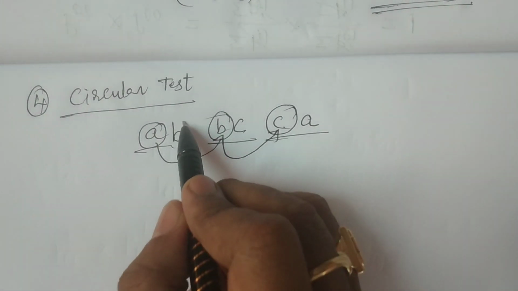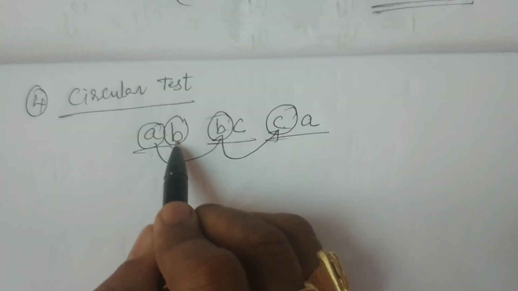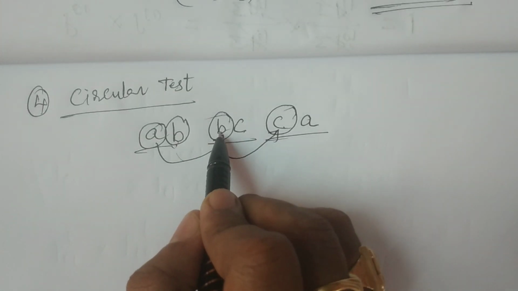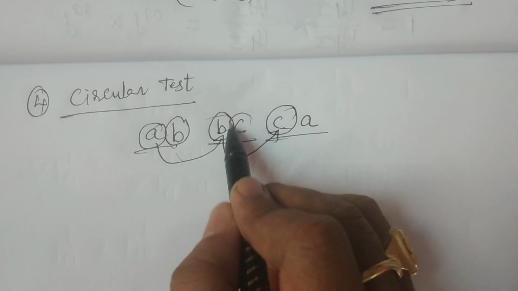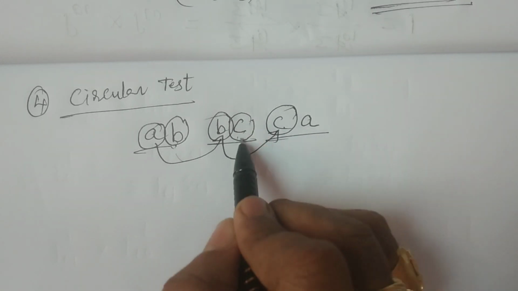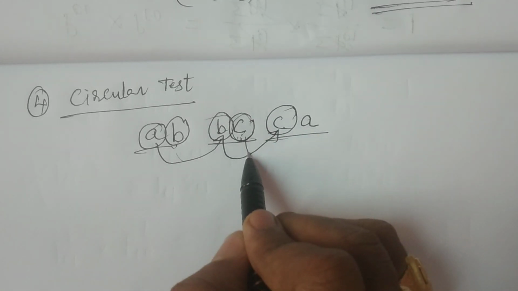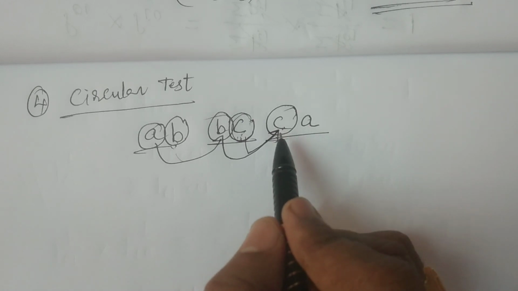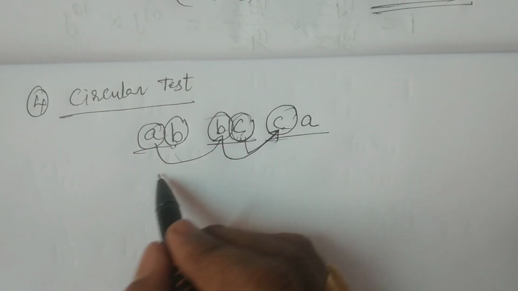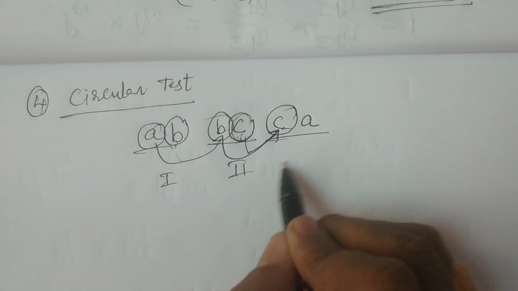Now the current year in the previous one is considered as the base period of the next one. Similarly, the current period of the second one, that is C, is going to be considered as the base period of the next one. This is the first index, this is the second index, this is the third index.